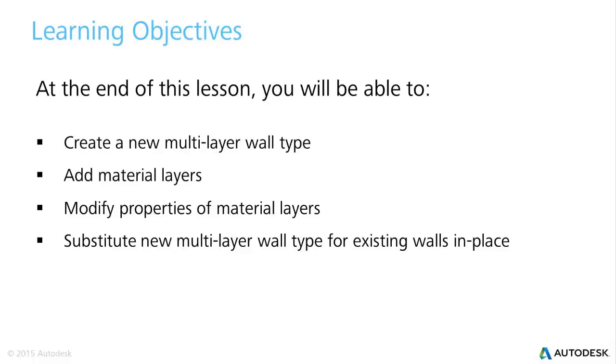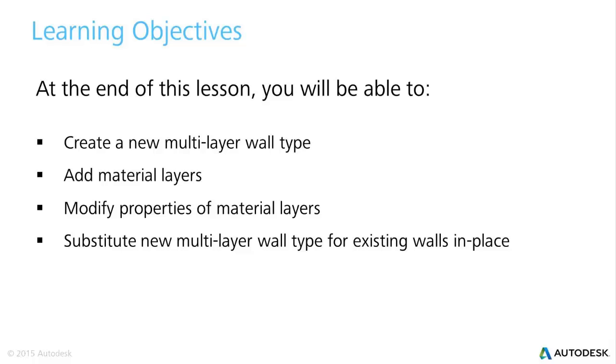Let's look at the learning objectives for video 6. In this lesson, you will be able to create a new wall type that has multiple material wall layers in it. We'll take a look at what material layers are, look at specific material layer properties, and then we'll take a look at how to substitute your new wall type for existing wall types that are in the project.